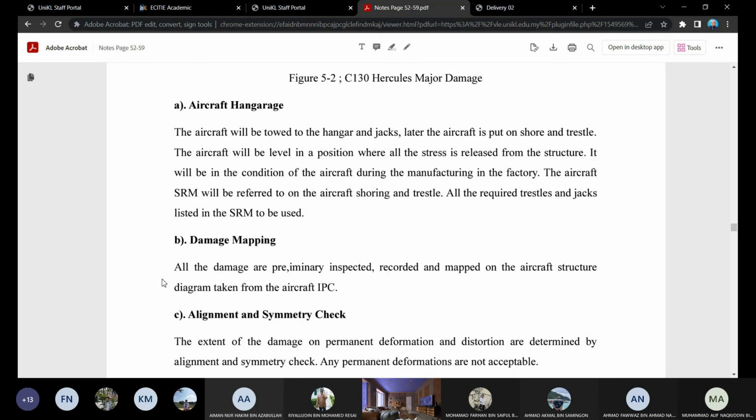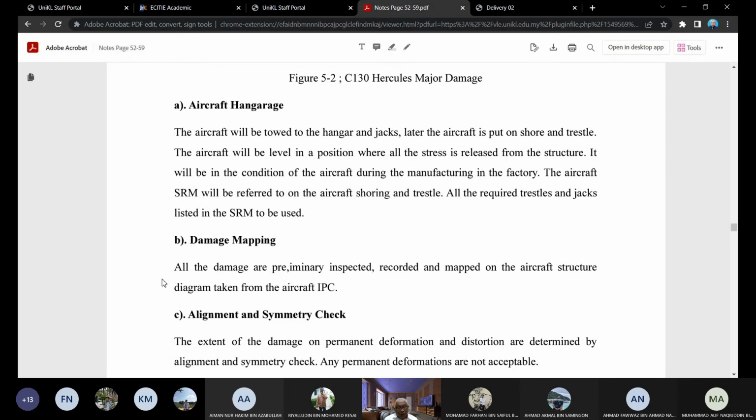That specific requirement also states the dedicated points on the aircraft structure as alignment points. If you are away from the point, there's a limit also given. If you are beyond the limit, it means the aircraft has been distorted permanently, and you have to put it in the report and look at where the distortion is.